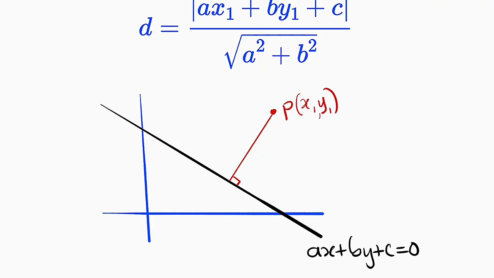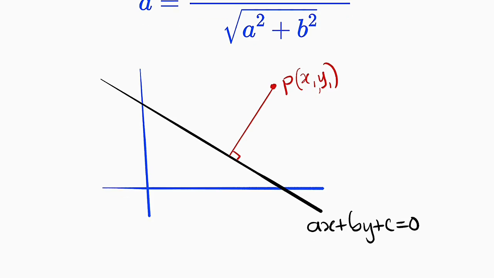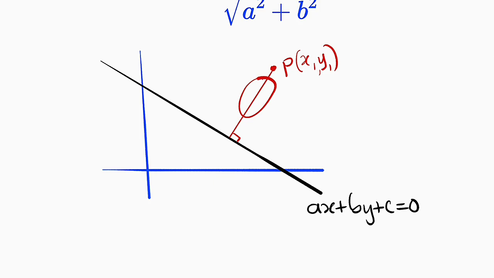All right, so there are different ways to derive this formula. You can use slope-intercept, because remember, the slope of this line will be a negative reciprocal of the slope of this line because the two lines are perpendicular. I'm not going to use that. You can also use vectors.